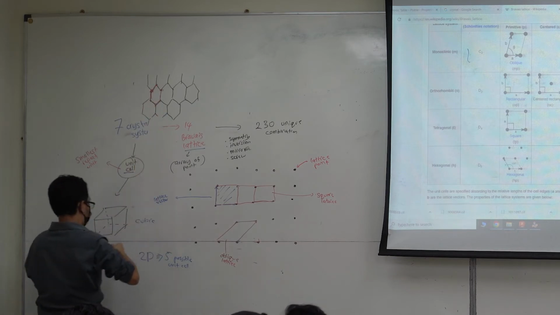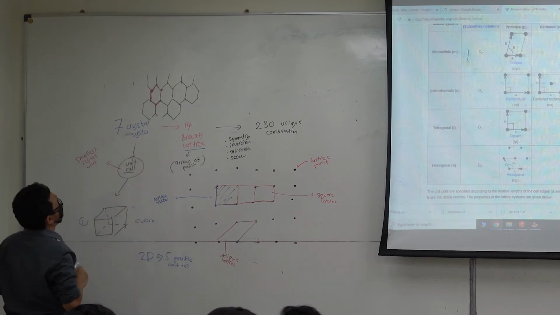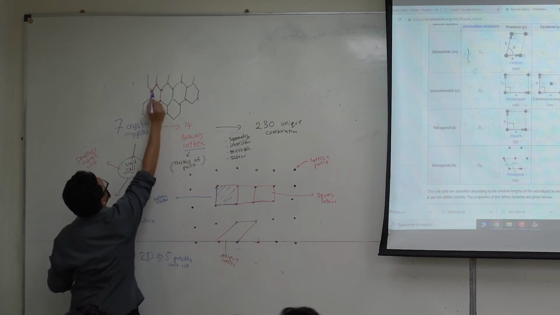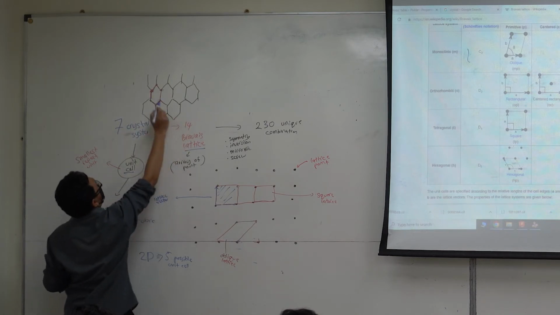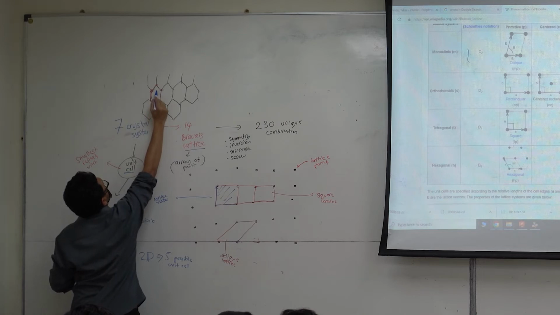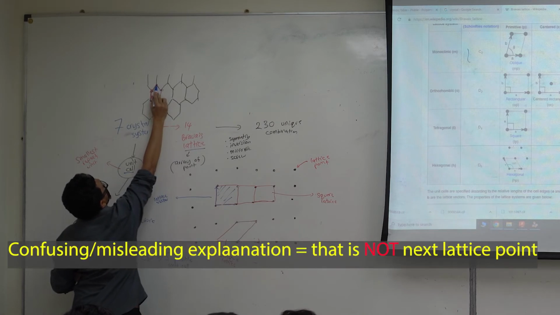So you find that if you move this to the next lattice point, it overlaps.